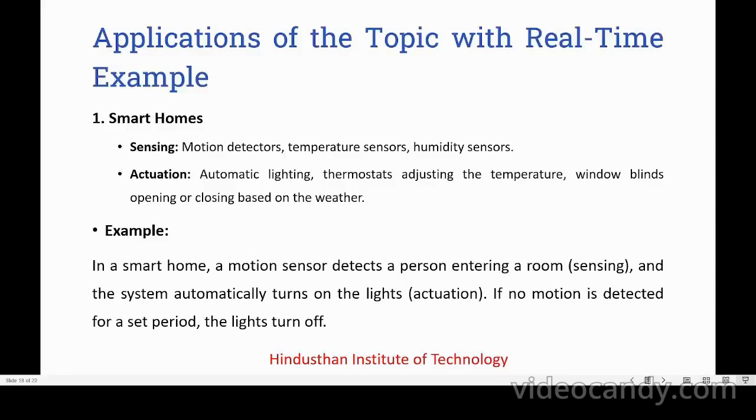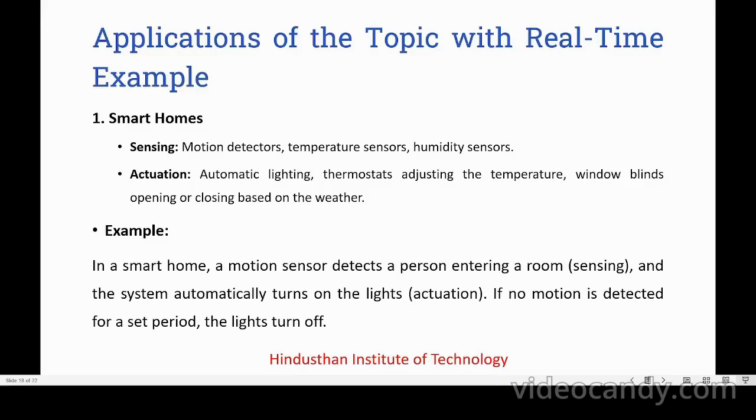First one is a smart home. In a smart home, we are using a motion detector, temperature sensor, and humidity sensor. Here actuation will be automatic: we can control the light, and the thermostat will adjust the temperature. Then window blinds open or close based on the weather conditions.